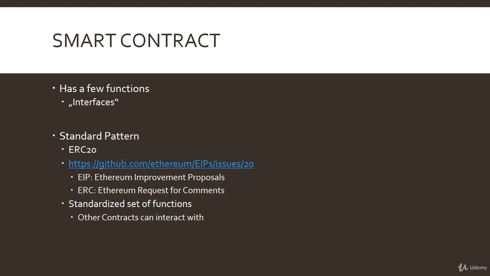And the 20th Ethereum request for comments was the standard token contract. This came out as the ERC20 token contract, which is nothing else than a standardized set of functions for other contracts or for wallets or for dApps or for people to interact with this smart contract.